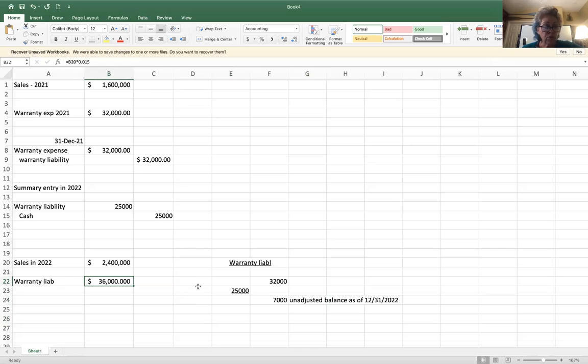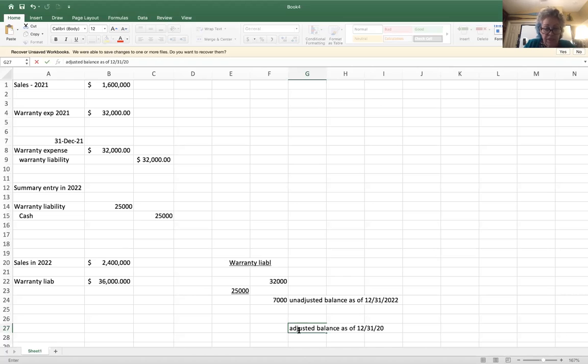So for 2022, I'm saying that my warranty liability is $36,000. So I want the adjusted balance as of 12/31/2022 to be $36,000.